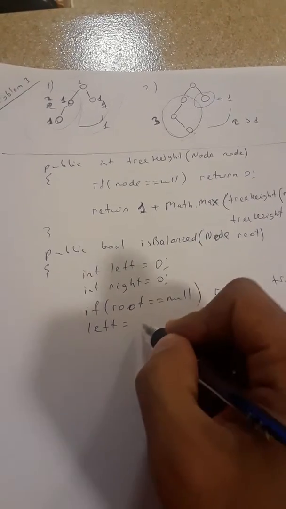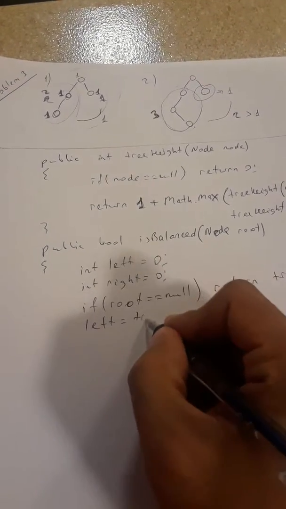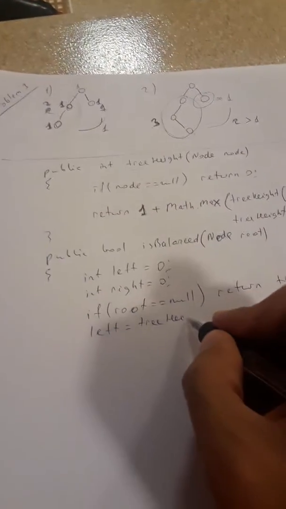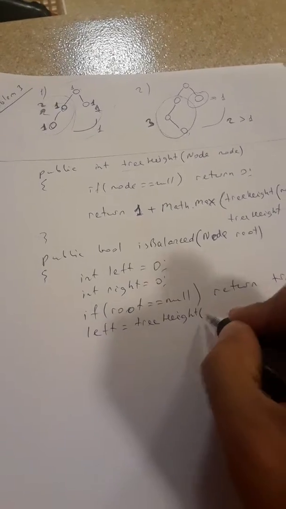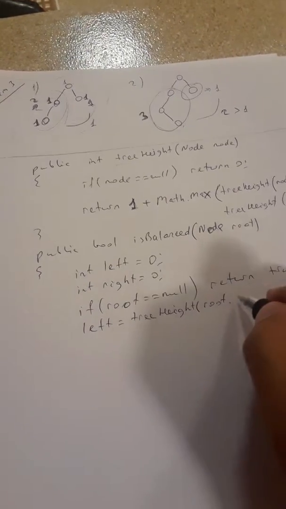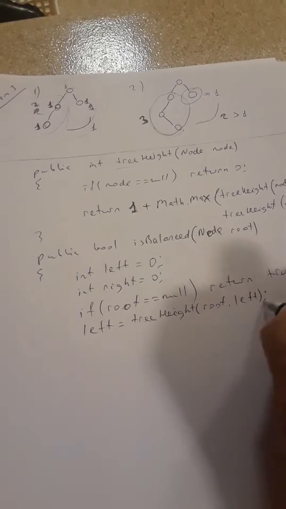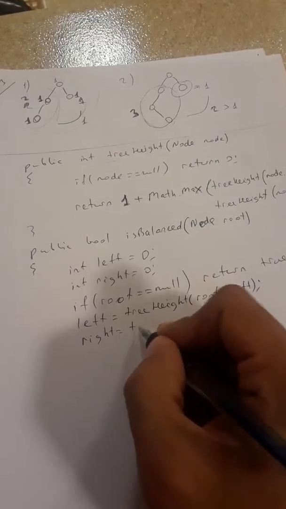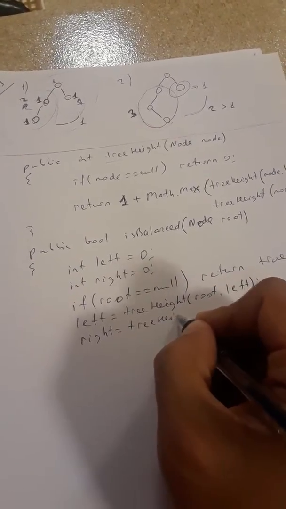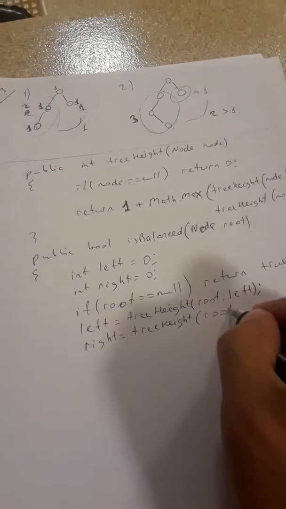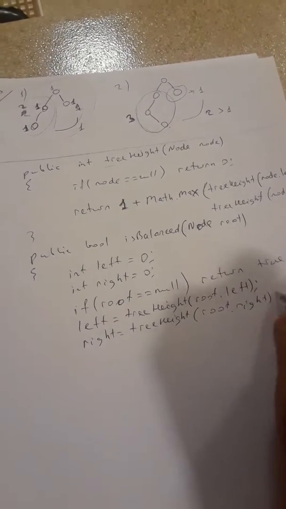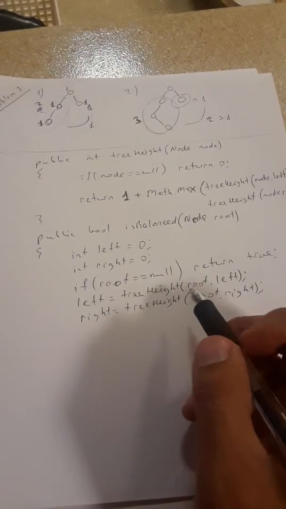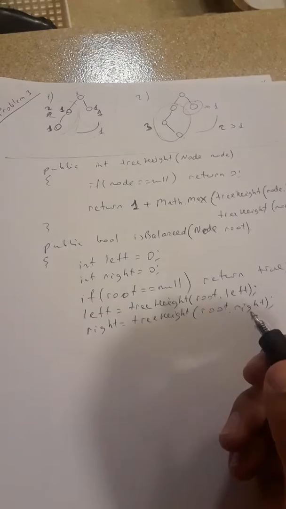So left will be whatever we get from calling our helper function tree height. In this case we will be calling it for the left child of the root, and right will be called for the right child. So this function will just give us the height of the subtrees, left and right.